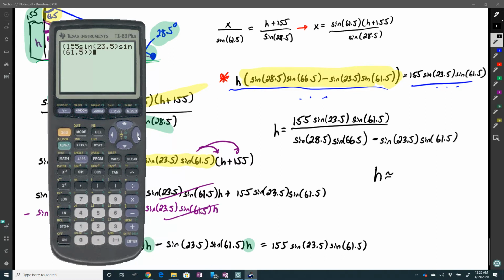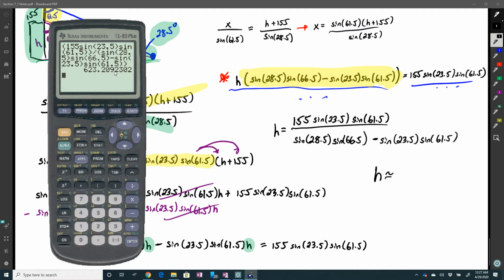So that's my numerator divided by, then my denominator, open parentheses, sine of 28.5, close it, sine of 66.5, close it, minus sine of 23.5, close it, sine of 61.5, close it, close it. There we go.